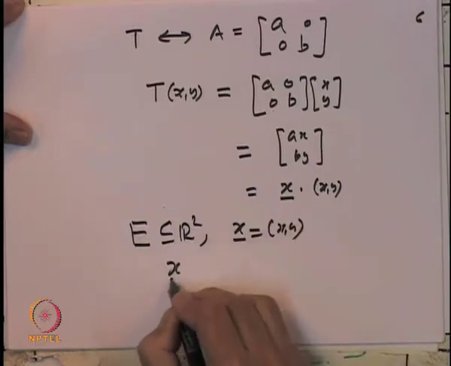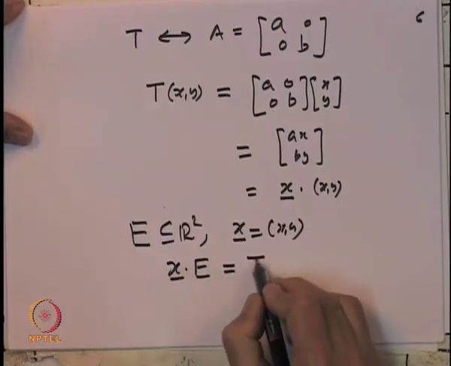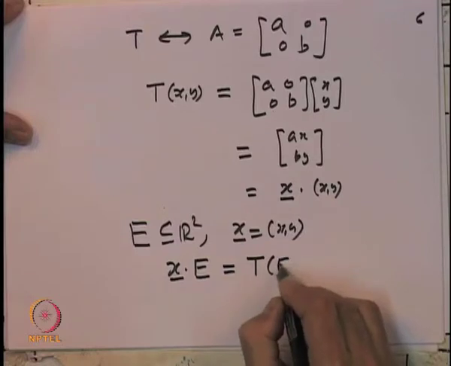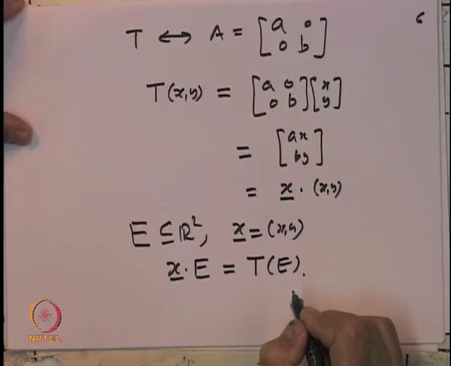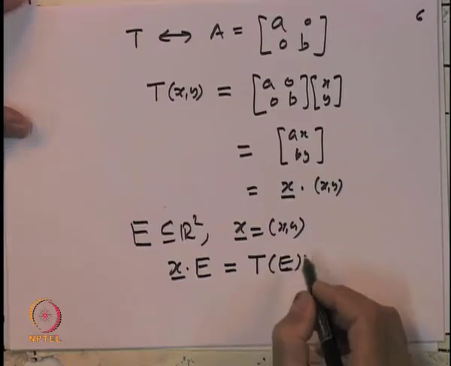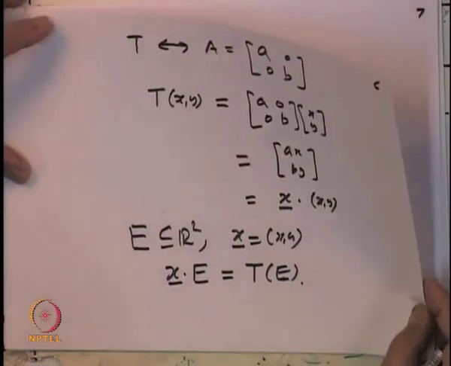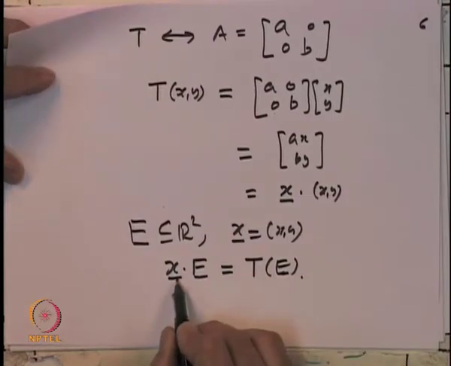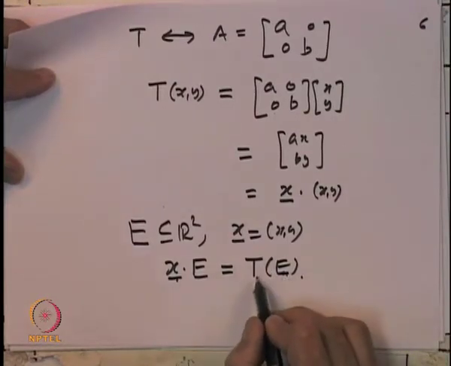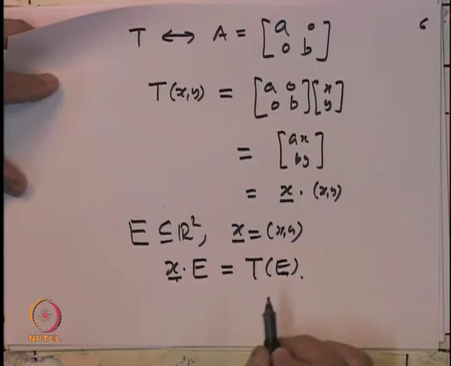Saying that we are multiplying x with E, the property that we studied just now, is the same as looking at the image of the set E under this linear transformation T. So, the interpretation is that multiplication by the vector x is transforming the set E by the linear transformation T, which is a map from R 2 to R 2.